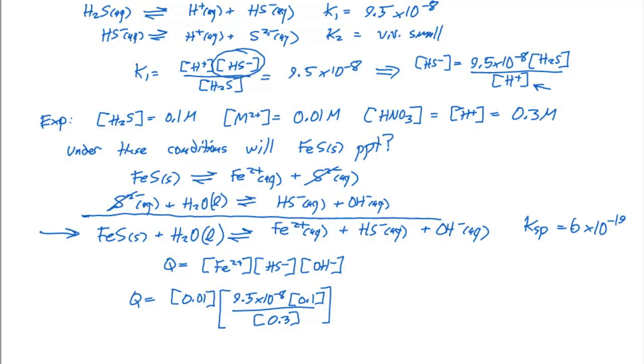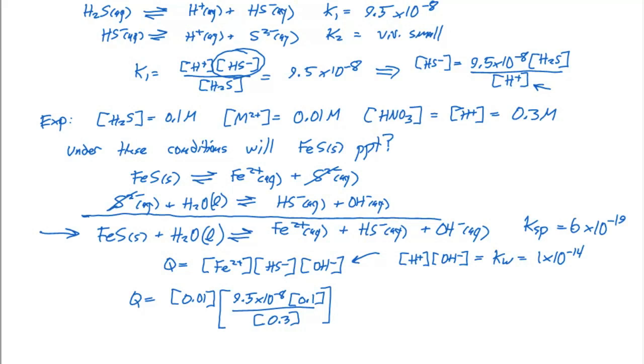The concentration of the OH minus can be determined using the Kw. Remember that the concentration of H plus times the concentration of OH minus is going to equal Kw, which is equal to 1 times 10 to the minus 14.